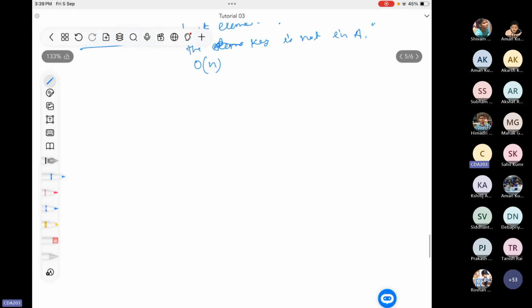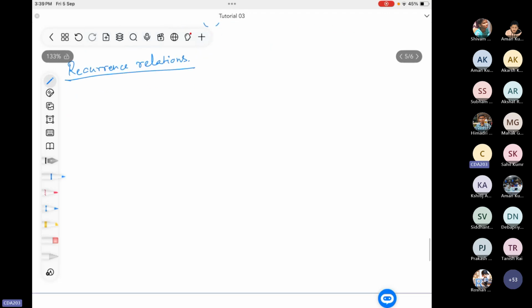Today's topic is recurrences. We discussed how to solve recurrences. There are actually several methods. First method is the method of substitution.